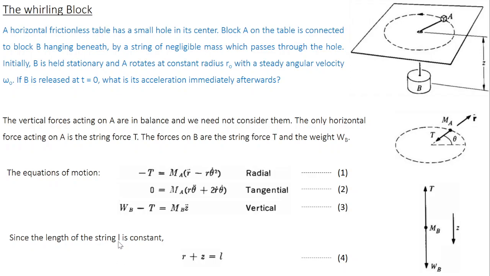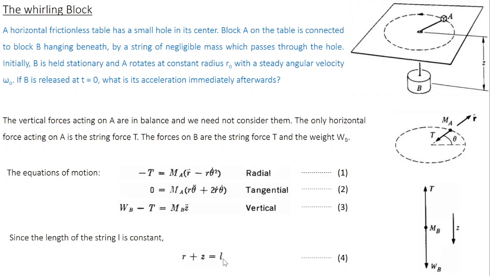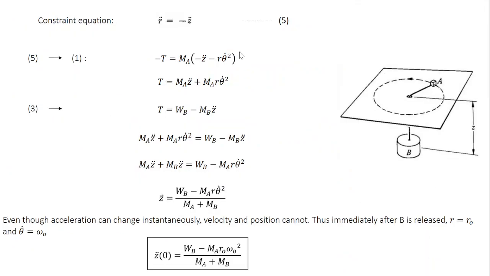So if you take L as the length of the rope, you can write L equal to this height, which is Z, plus this radius, which is R. The constraint equation, just like the equation of motion, has to be a second order differential equation. So you can take the derivative with respect to time twice. The derivative of L is going to be 0, so you have R double dot equal to minus Z double dot.